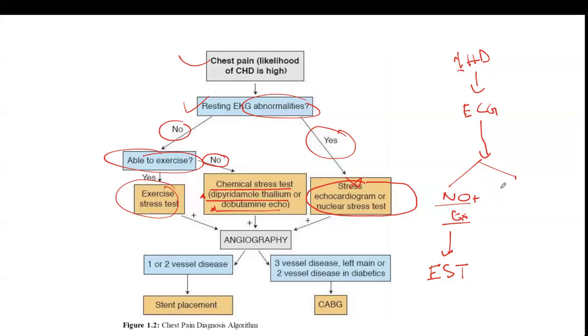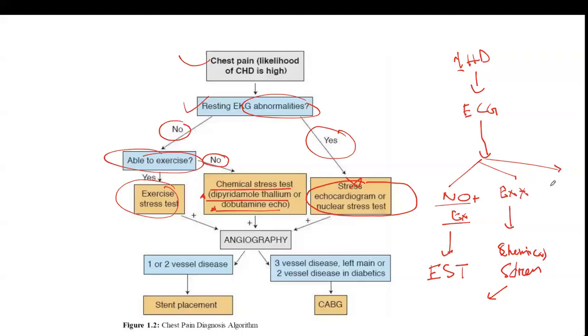The next thing could be that patient is unable to exercise. So they can't do exercise. So we need to put the heart under stress. So we give chemical stress test. And for chemical stress test, we have these two, dipyridamole thallium, which is a nuclear test, and dobutamine echocardiogram.